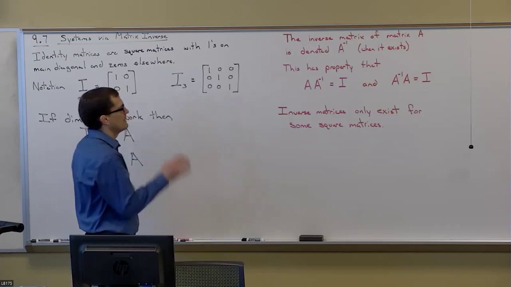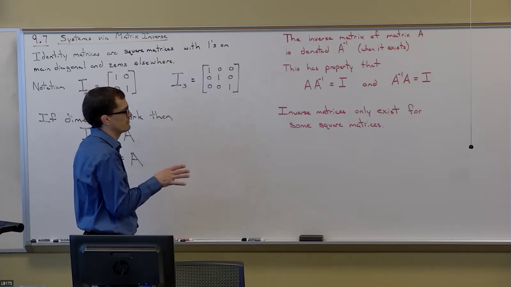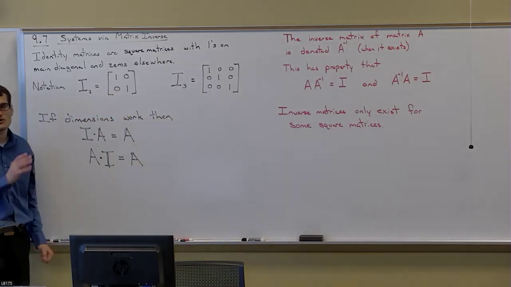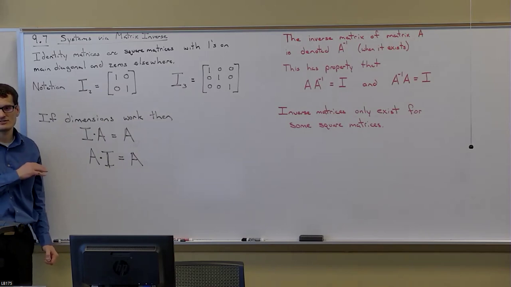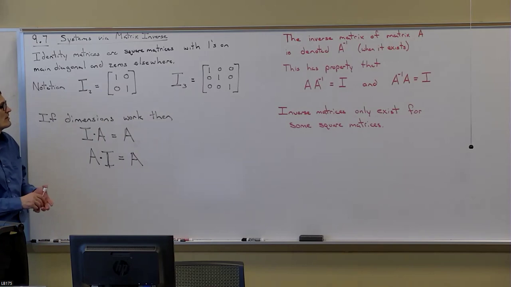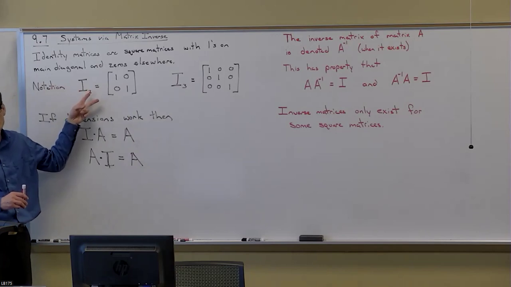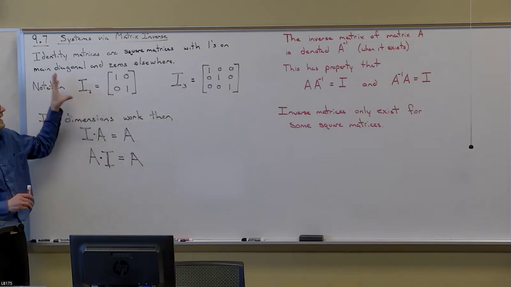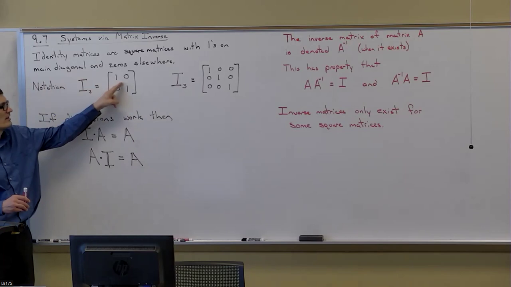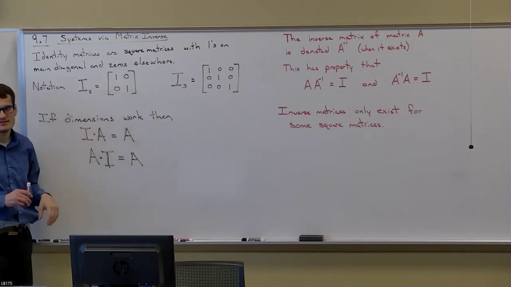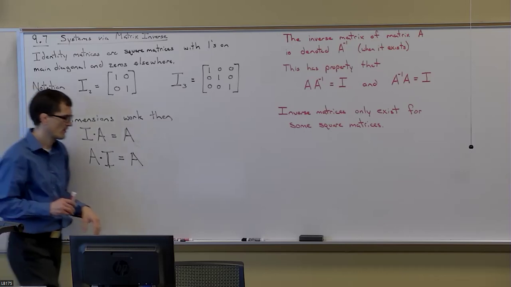Okay. Now, how do you find an inverse matrix? Well, there is a way to do it through Gauss-Jordan elimination. It turns out that if you put your matrix in, let's say it's 2 by 2, and then you put the identity behind it.